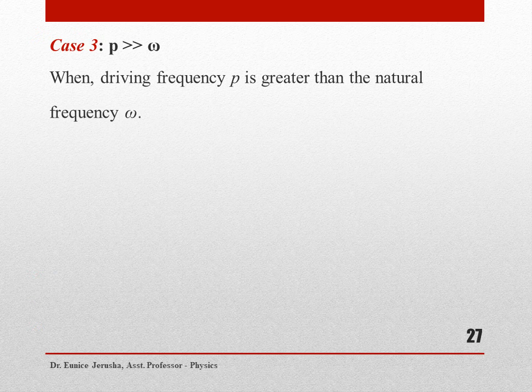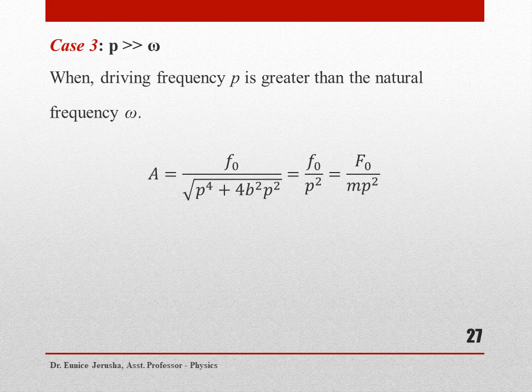There is another case where we have P much greater than omega, meaning the driving frequency P is much greater than the natural frequency omega. In such a case, the amplitude of oscillation turns out to be F0 divided by the square root of P power 4 plus 4B square P square.